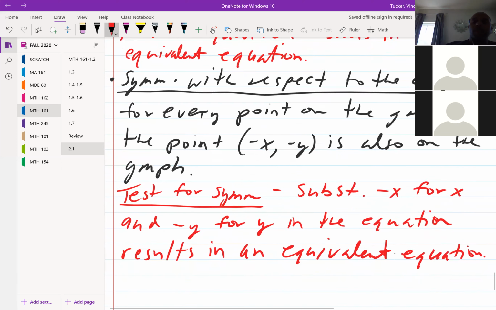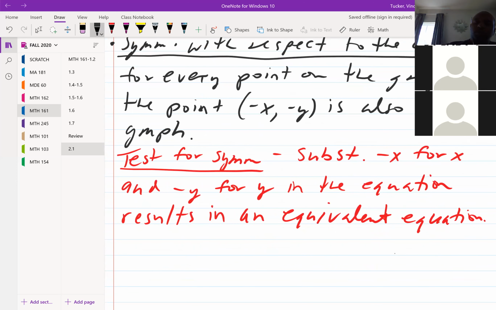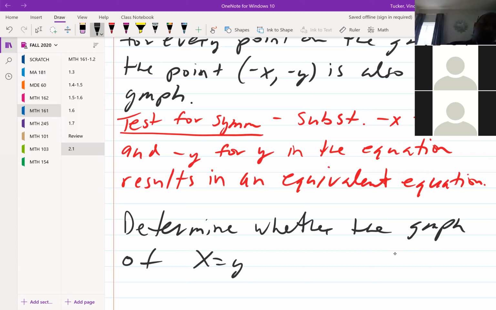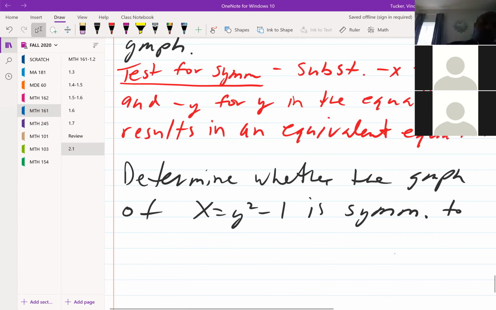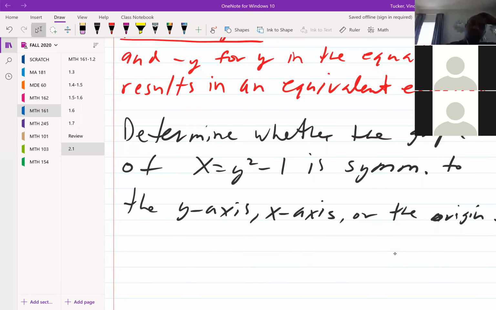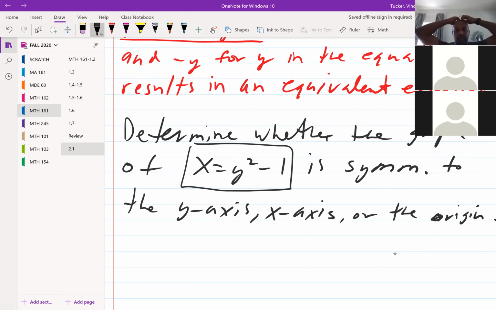All right, so let's try it out. You want to determine whether the graph of x equals y squared minus 1 is symmetric to the y-axis, x-axis, or the origin.